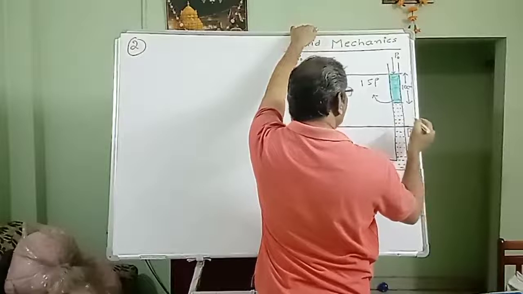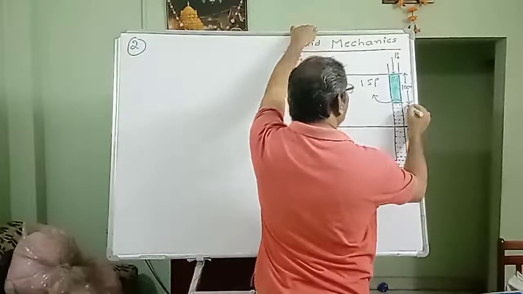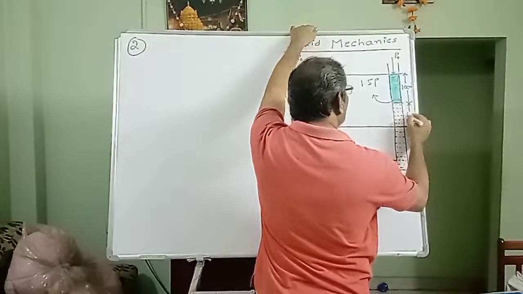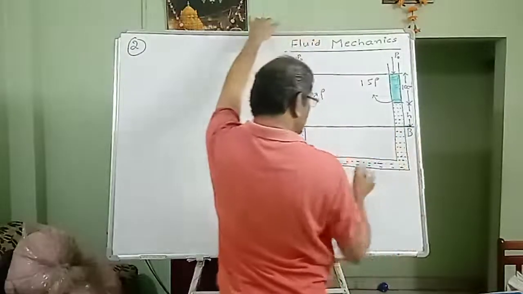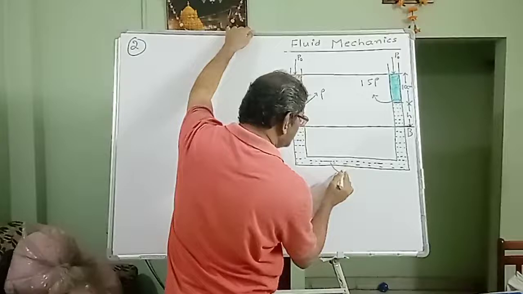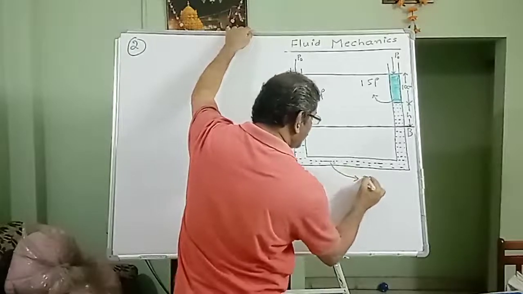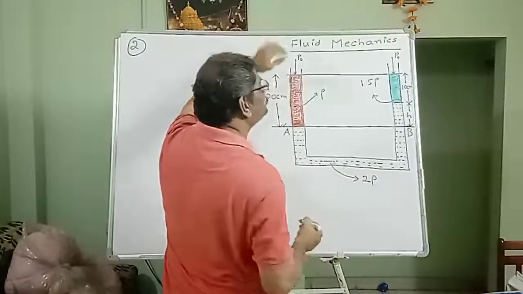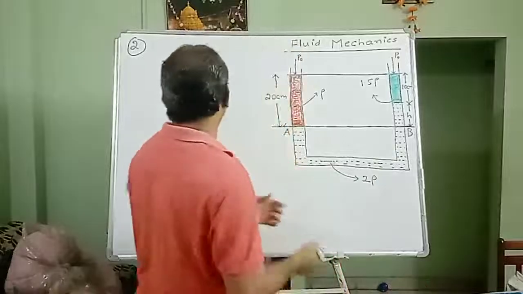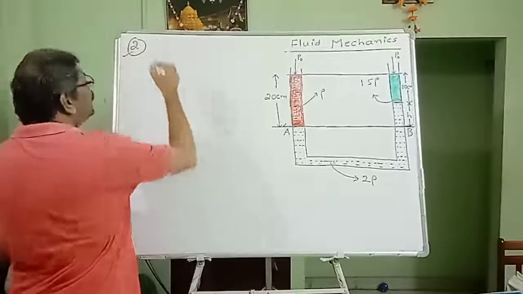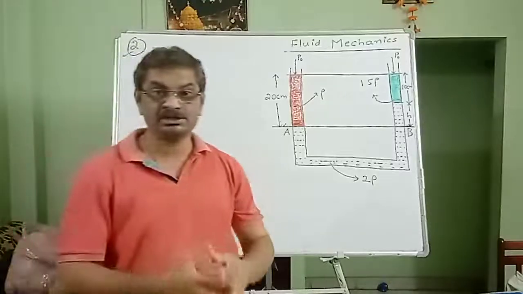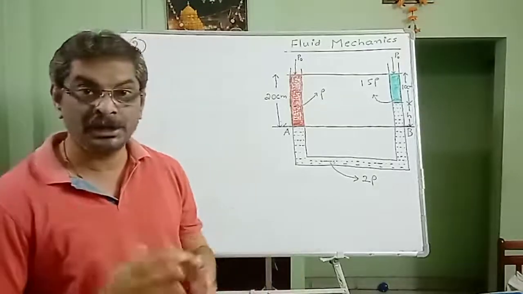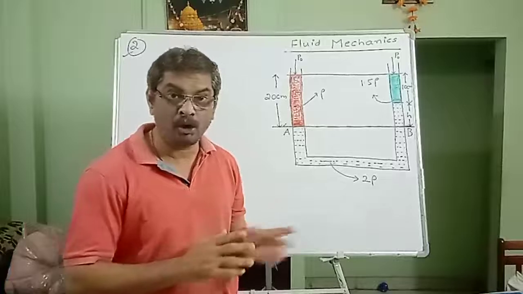Now this will be the third liquid, and let us say the height of this liquid will be h, and the density of this liquid will be 2 rho. So we got the second problem. Now let us see what the second problem is.